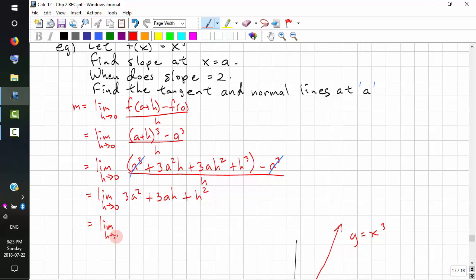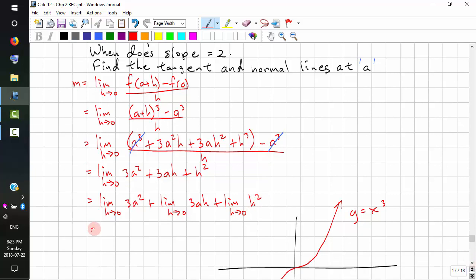Limit h goes to 0, 3a squared plus limit h goes to 0, 3ah plus limit h goes to 0, h squared. So we have 3a squared because there's no h's in here. And then this h will cause this to go to 0, and that h will cause it to go to 0. Okay, so it's just 3a squared.